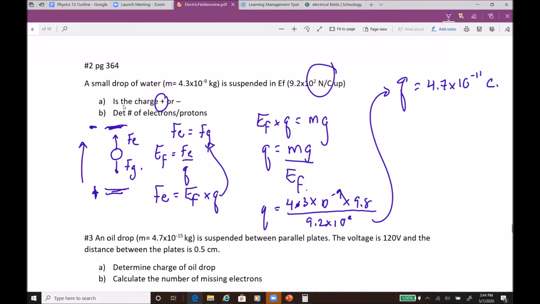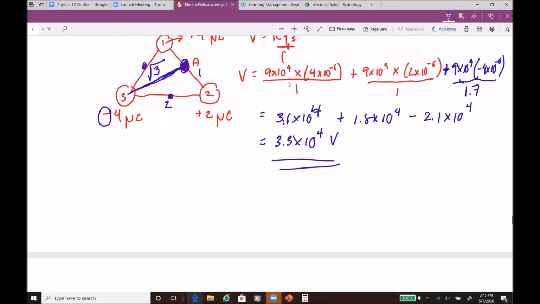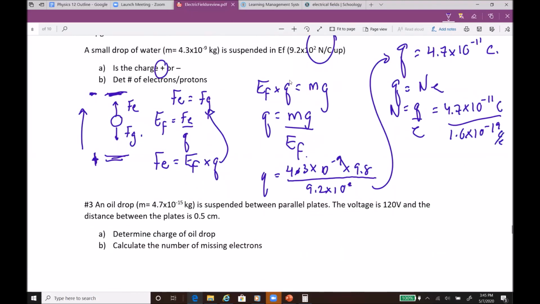If you want to know how many electrons that is, like we did last time, Q is Ne, so the number of electrons would be Q over e. That's 4.7 times 10 to the minus 11 coulombs over the elementary charge. So N would be about 2.9, close to 3 times 10 to the 8 electrons. Now, these are electrons that have been lost because it's positively charged, right? So it would be a deficit of electrons.